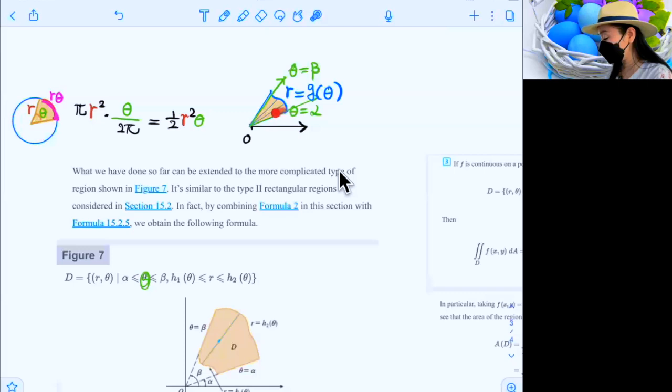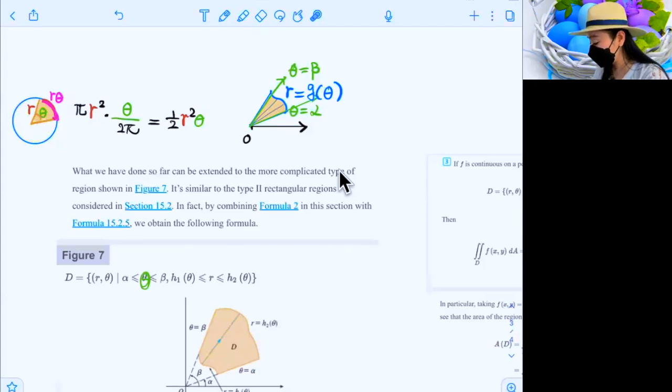Each segment here can be approximated by a sector of a circle. Because R doesn't change much in this small segment, the R here and the R here are about equal. Then you can approximate this segment by a sector of a circle, something like this.